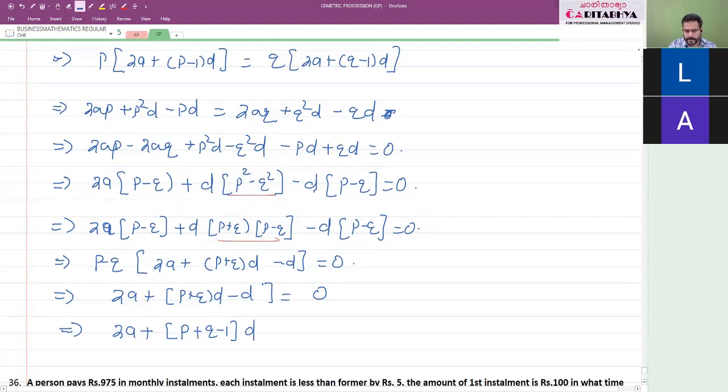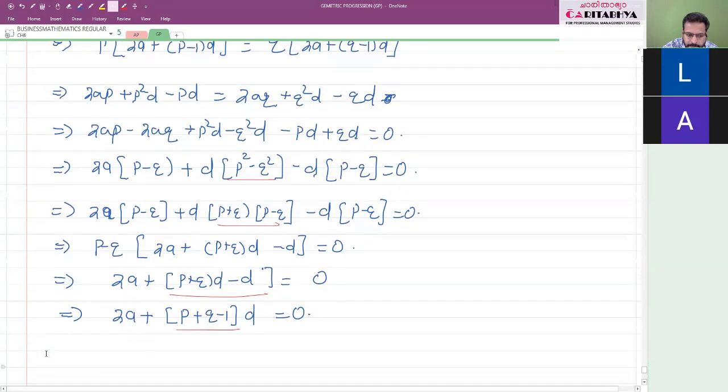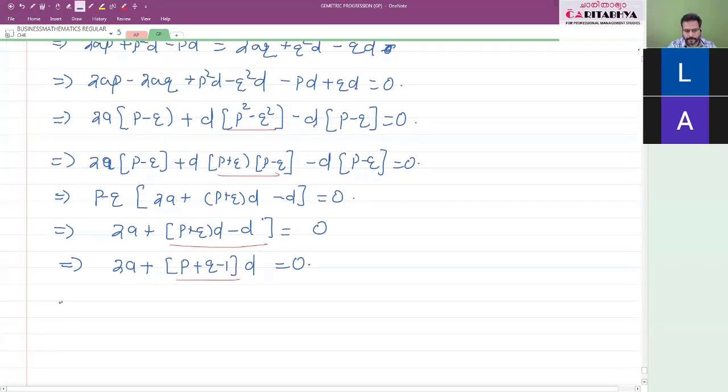So PD plus QD minus D is P plus Q minus 1 into D, taking D common. So this term is 0. Then P plus Q divided by 2 multiplied by 2A plus P plus Q minus 1 into D gives 0.